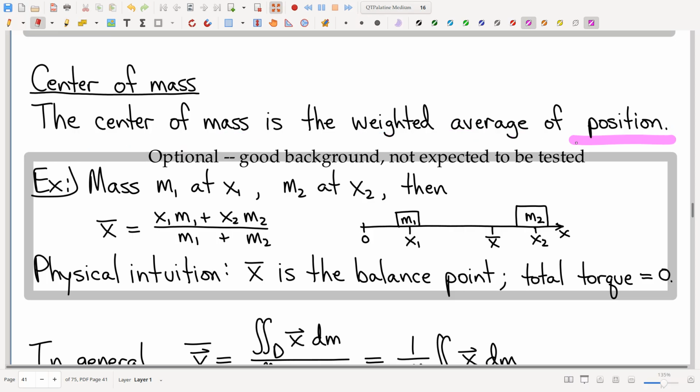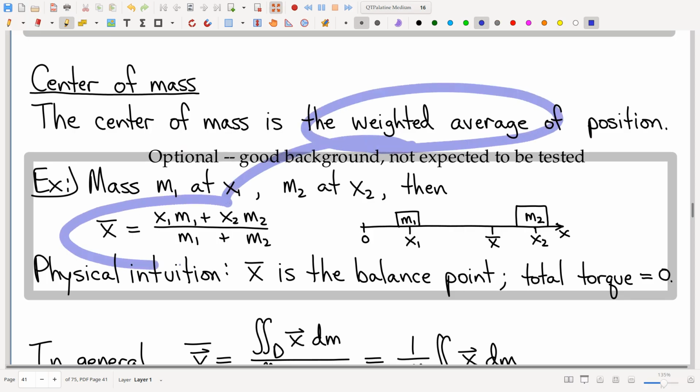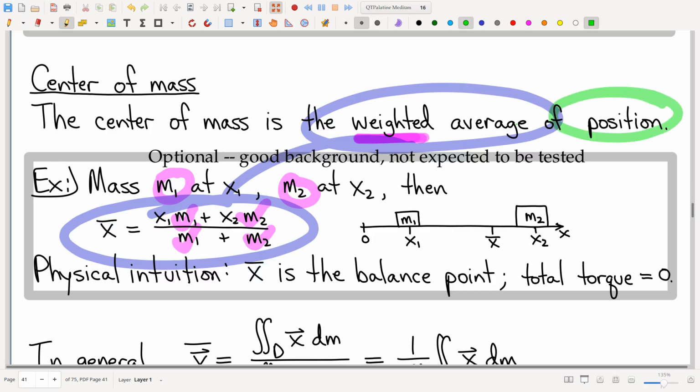So here it is, weighted average. We're literally using the masses themselves as our weights, and you can see them right there in the formula. And we're doing a weighted average of position. You can see the position values, these x coordinates, right there in the formula.